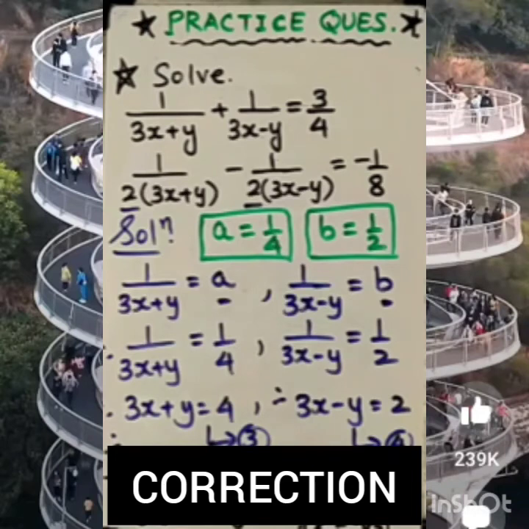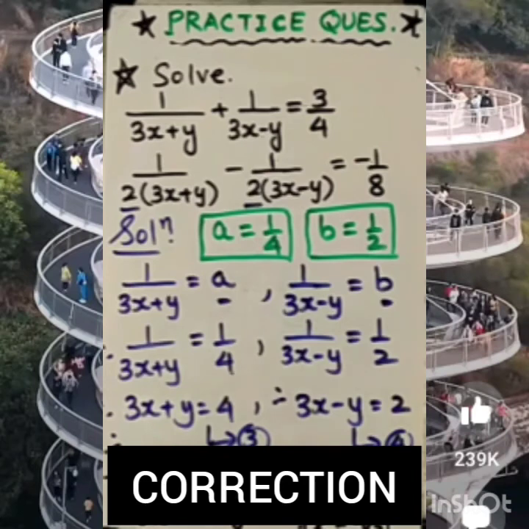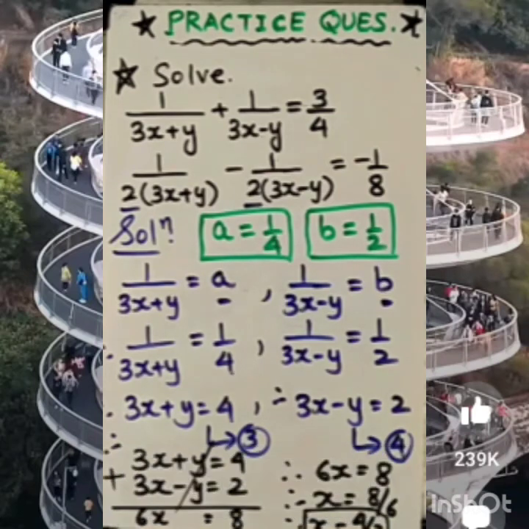Fine. Now we are going to put this value x equal to 4 by 3 in equation number 3 and see what can be the solution for y. So dear student, here one correction is there. You can see here I have written 4 plus 2 is 8. So I am correcting here. This is 6.